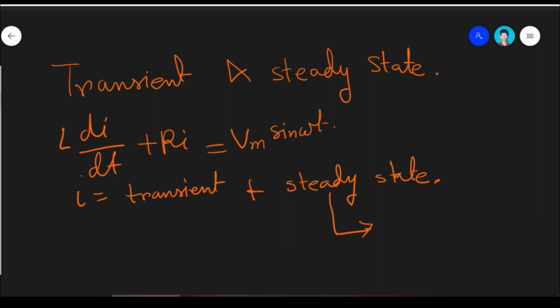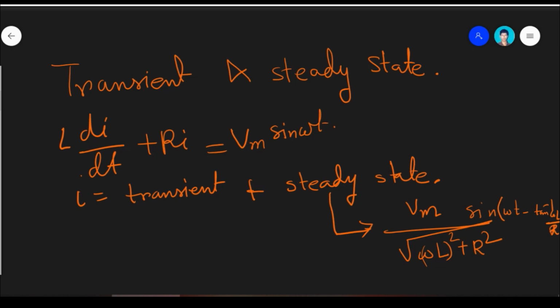In this steady state condition, the value of current is what you always write, that is Vm by root under omega L square plus R square, with sin omega t minus arc tan or tan inverse omega L by R. So this expression is the expression of current in steady state condition.